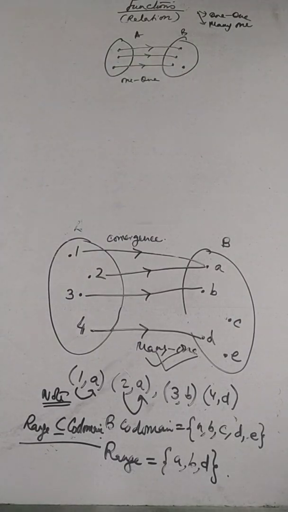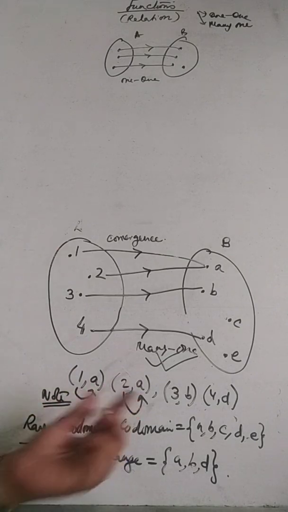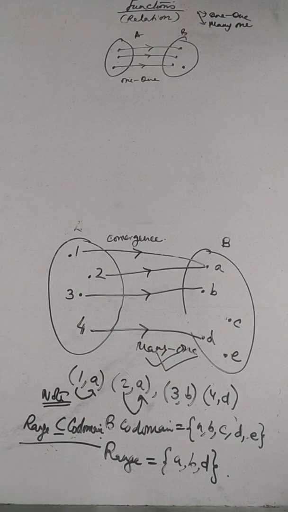For every x, you are getting only one value of y. Whereas here, what is happening? For every x, you can get two values of y, two or more. I've taken 2 here. So this is a many one function or many one mapping.